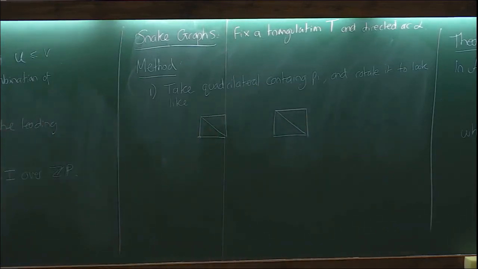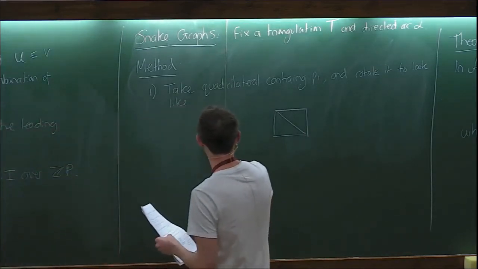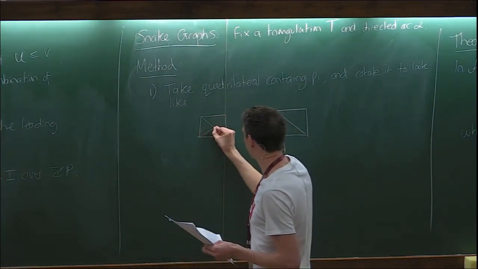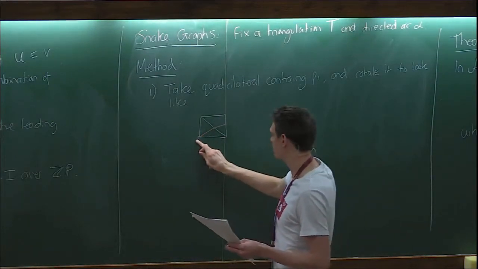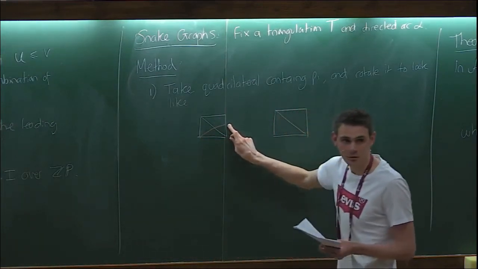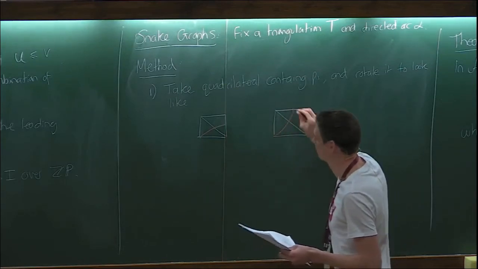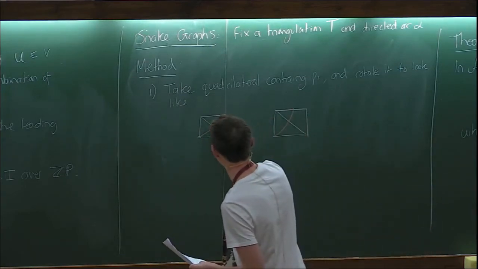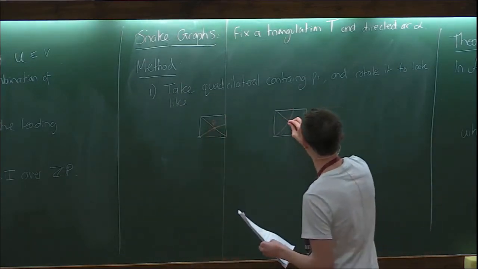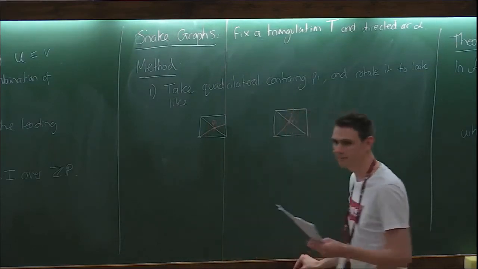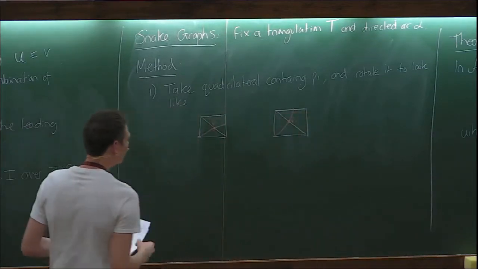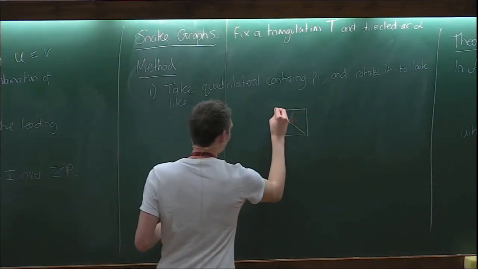There are two ways to do that, but we orient it in such a way that our arc starts at this vertex, and then it's going to leave either through this edge or through this edge. And P1 is the first intersection point, so it's here. So this is the first step, and this will be our first tile of the snake graph.